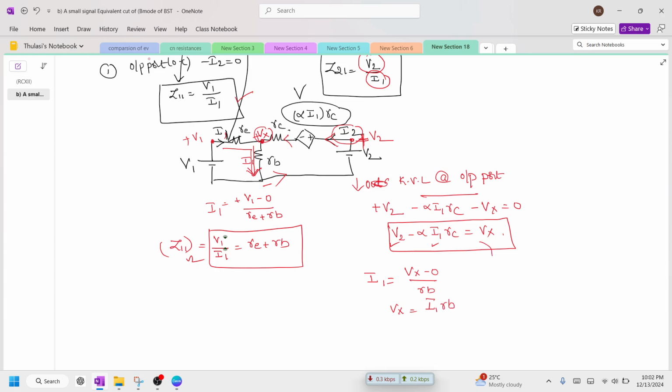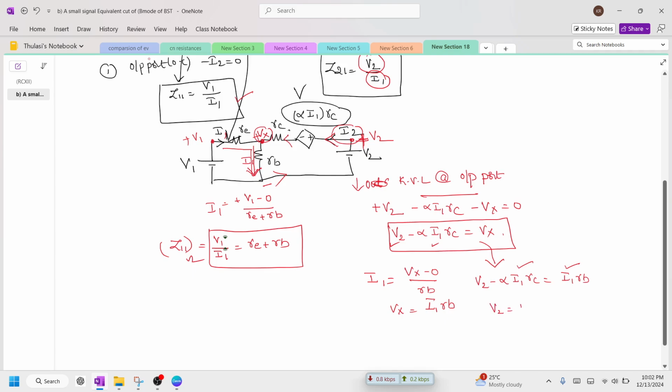So substitute this in this equation, V2 minus alpha I1 RC. So Vx I can write down as I1 RB. So in this I'm going to take I1 as common.